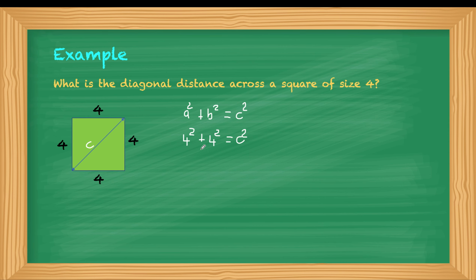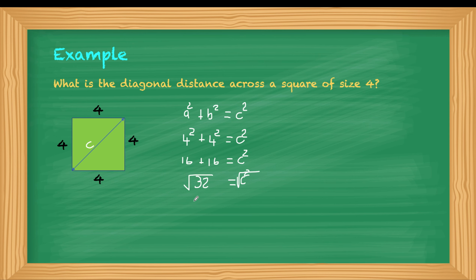Alright, so now when we multiply 4 by 4, we will get 16. Once again, we would also get 16, and our aim is to still find c. Now when we add 16 plus 16, we will get 32, which would be equal to still c squared, but we want c by itself, so we'd have to find the square root of both sides.